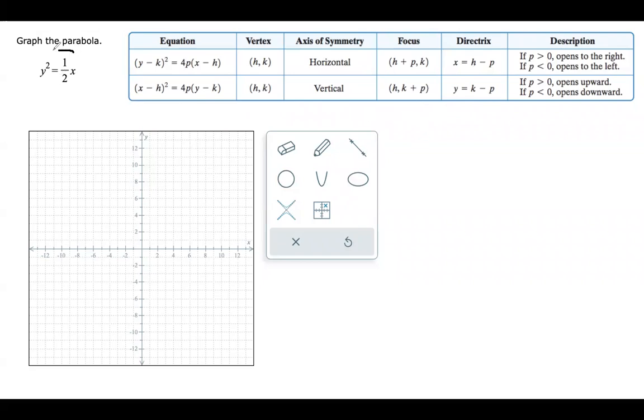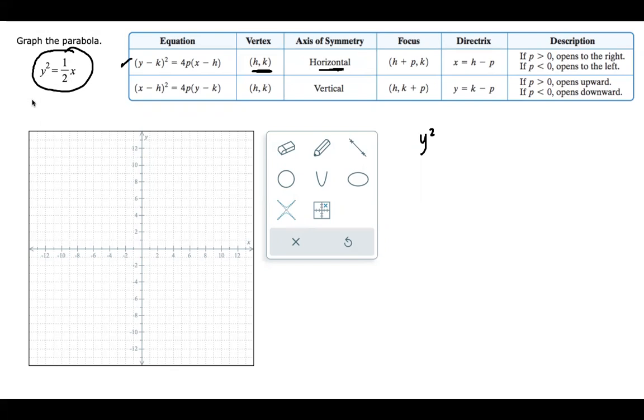In this case, we have this equation, the y is squared. So we're going to be dealing with a horizontal parabola. The first thing that you need to consider is that the vertex of the parabola is at (h, k).